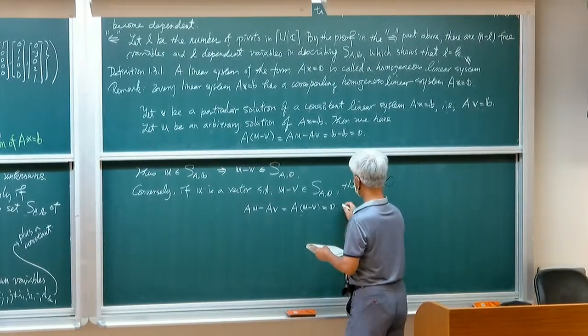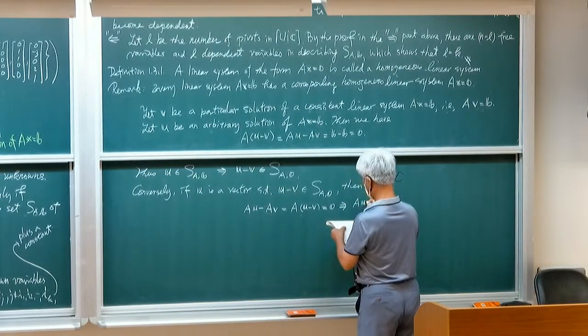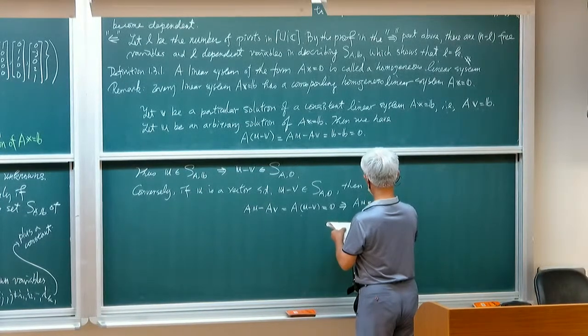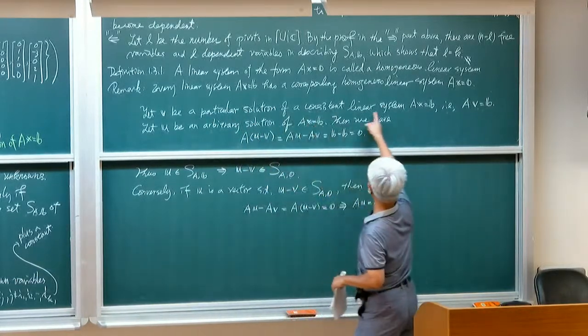All right. So this implies AU is equal to AV, which is B, because V is a particular solution, right?